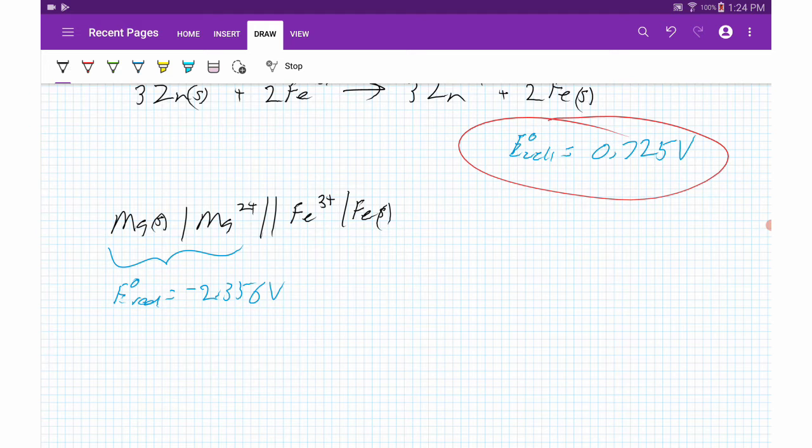And if you were to go through the entire process up above, similarly, you're going to find out the cell potential is 2.319 volts. And it is done in exactly the same manner as what was done above.